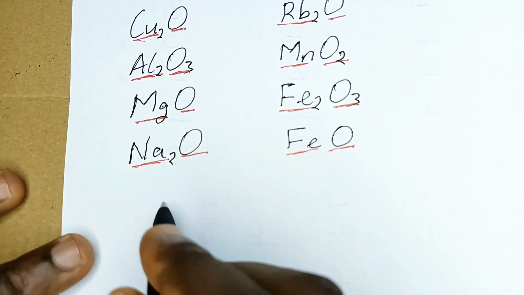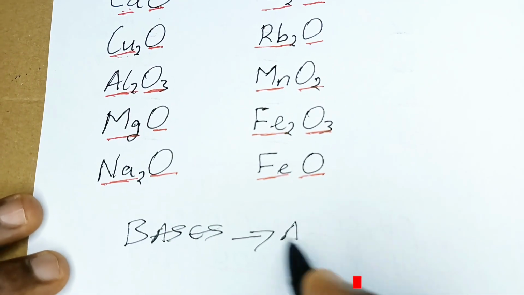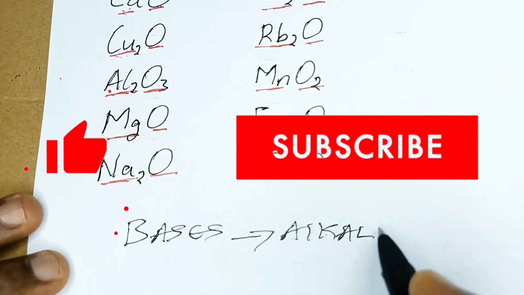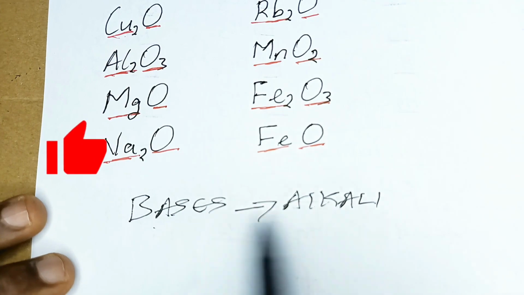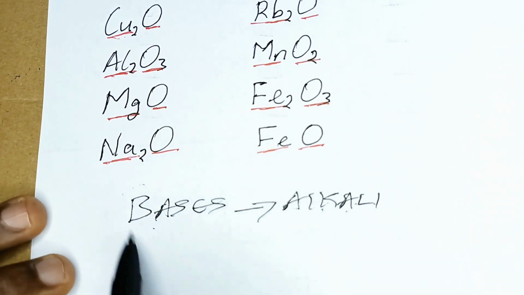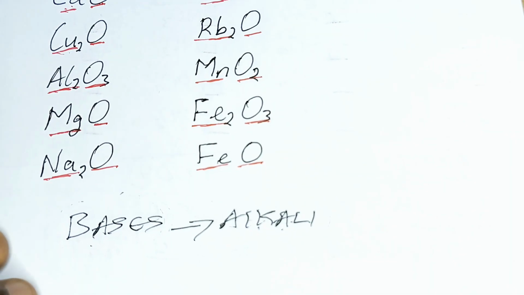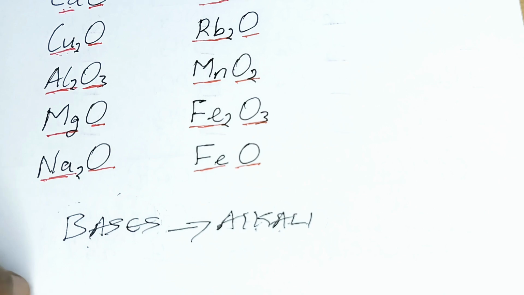People make the mistake of calling bases alkali. And there are differences between the two. Bases are what I've just said now. But alkalis are those bases that can dissolve in water.